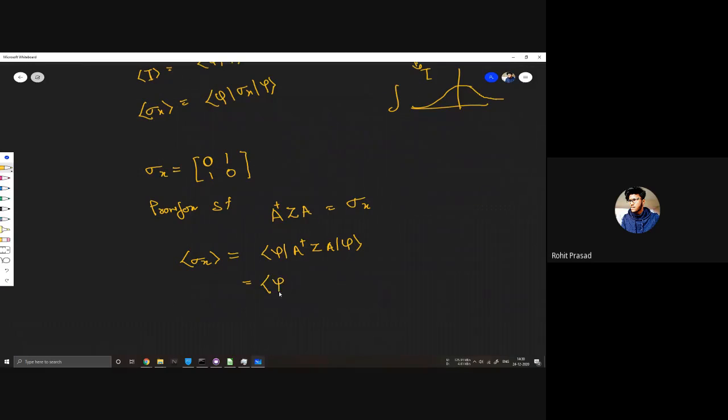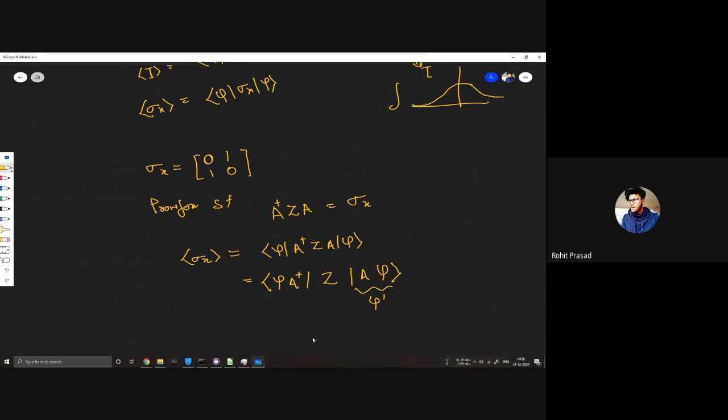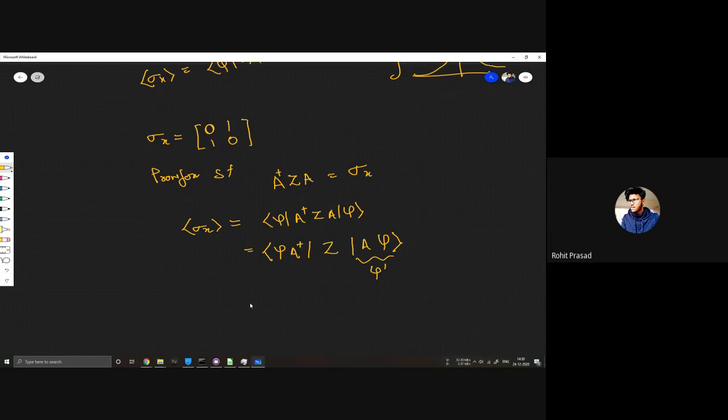We can say that A psi is our new psi dash, and psi dash Z psi dash can then be measured.